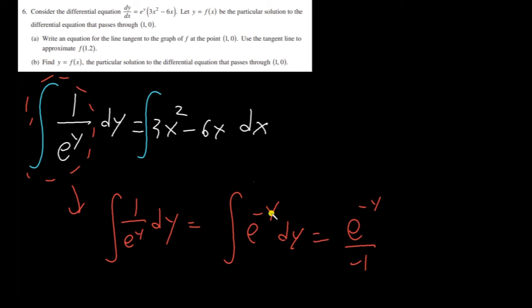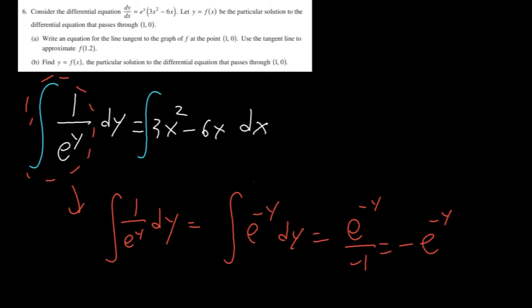It's just going to be the e to the whatever is here divided by whatever coefficient you have. Okay, so e to the negative y over negative 1, which is just negative e to the negative y. If you did a u substitution, you would get the same answer, but it would just take a lot longer, that's all. Okay, so that's this part.